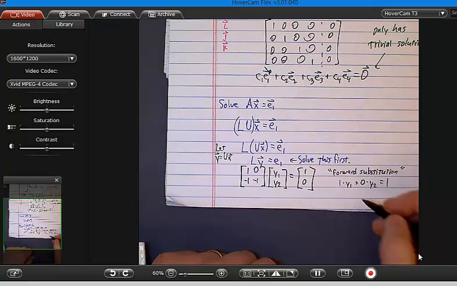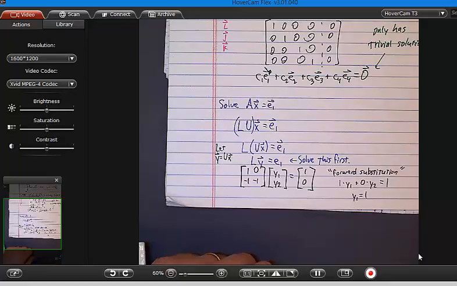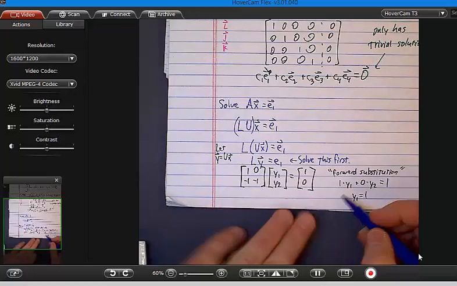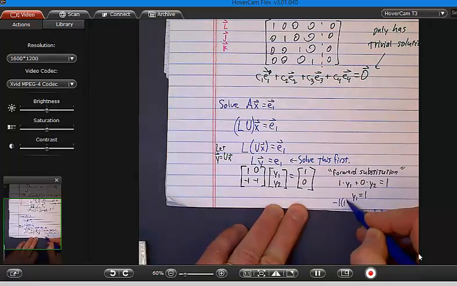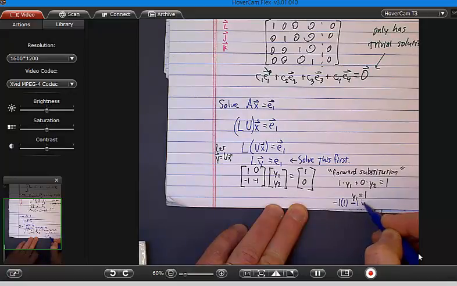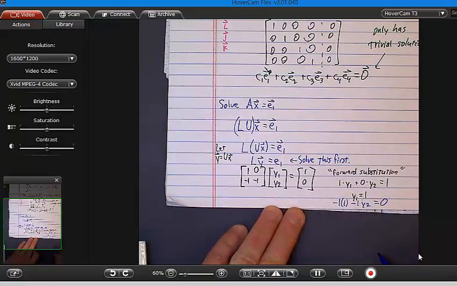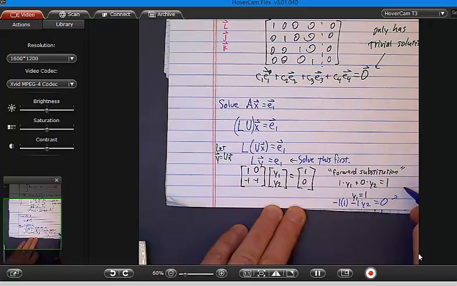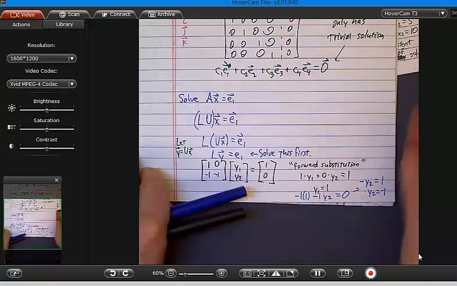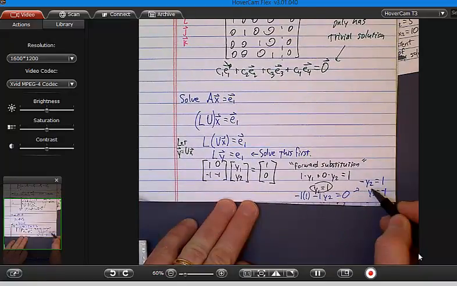So we just learned that y1 is equal to 1, just like that. And now we can use that fact and use the second equation. If y1 is equal to 1, the second equation says negative 1 times 1 minus 1 times y2 is equal to 0. So solving, I get negative y2 is equal to 1, so y2 is equal to negative 1. All right, I got my y's.